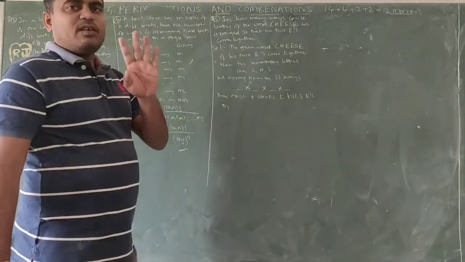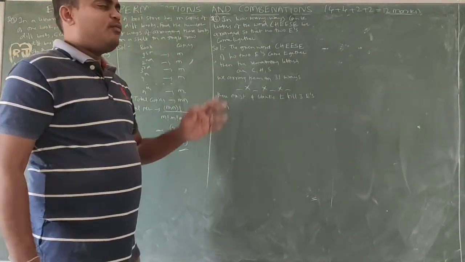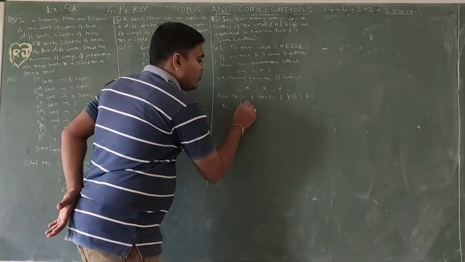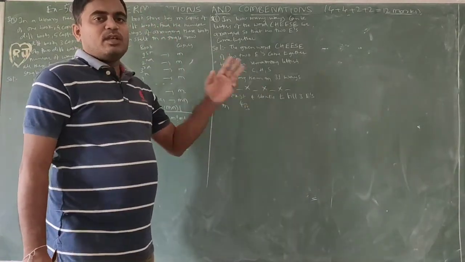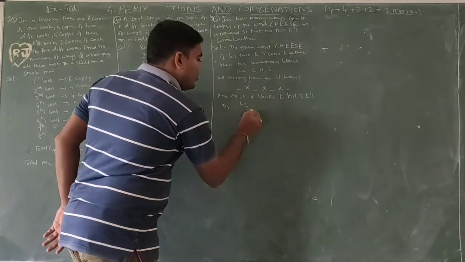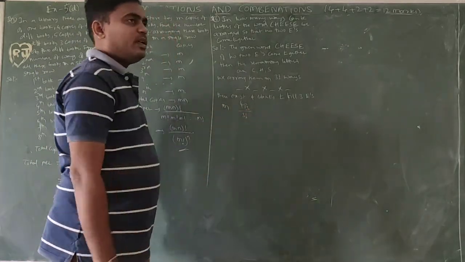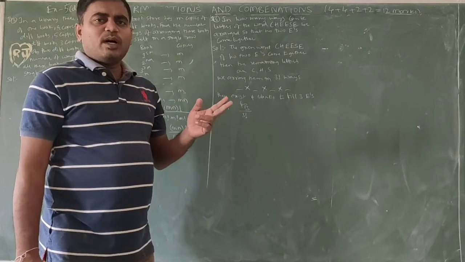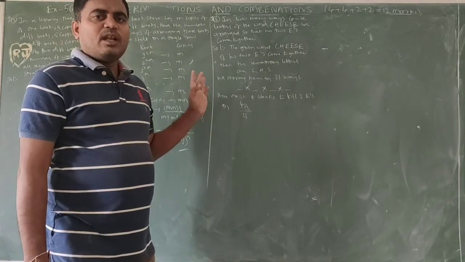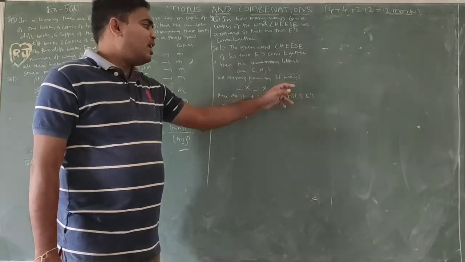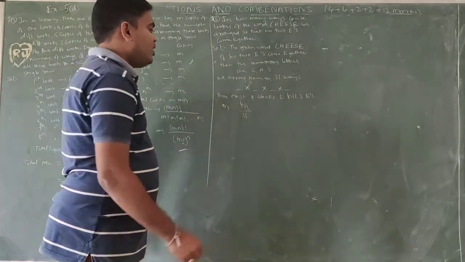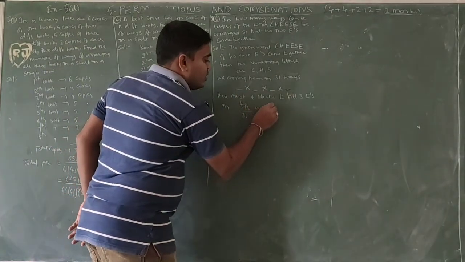In general, we arrange 3 from 4, in 4P3 ways, but whether anything is same, these three are same. That's why we get denominator 3 factorial. If only 2 are same, by 2 factorial. If none are same, 4P3 simply. So all 3 are E's, so 4P3 by 3 factorial ways.